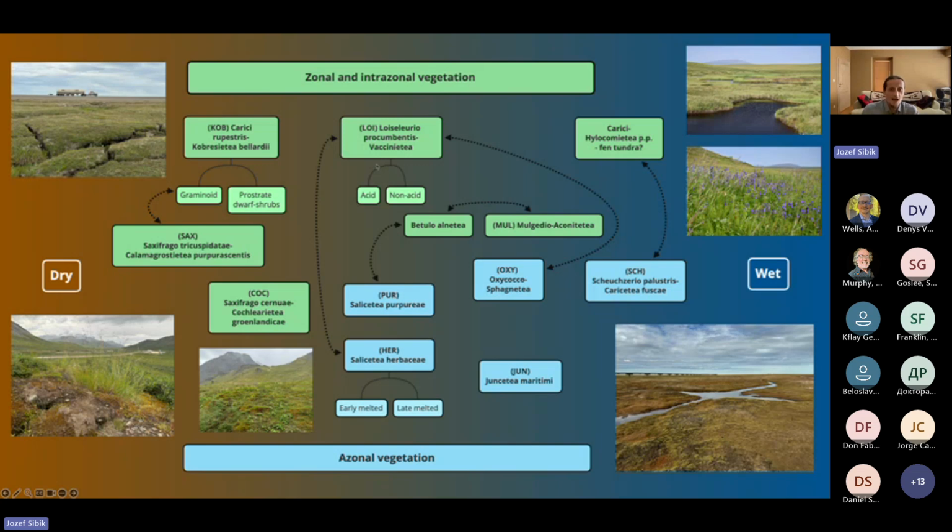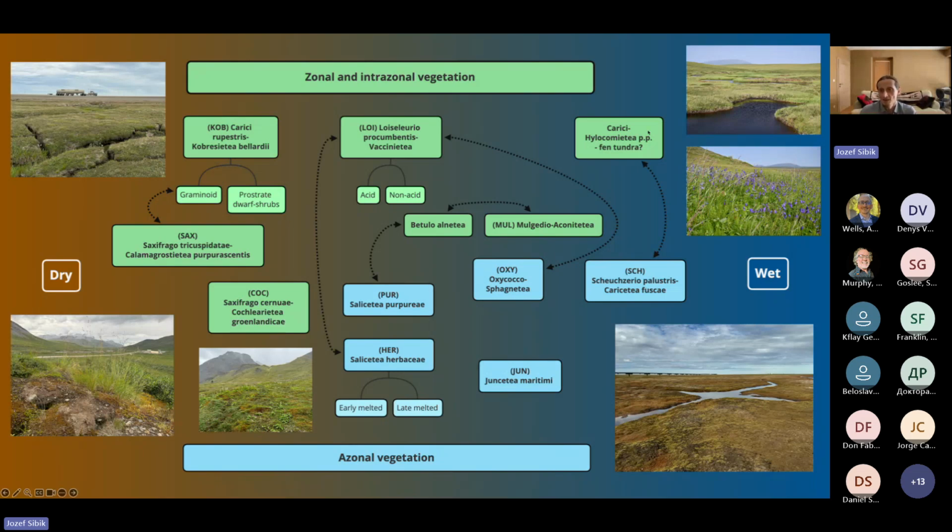We can see acid and non-acid dwarf shrublands, and also there is a very distinctive and interesting group of communities that was recently described in Arctic Siberia as Carici-Hylocomietea, but this is a very heterogeneous group of Arctic communities.